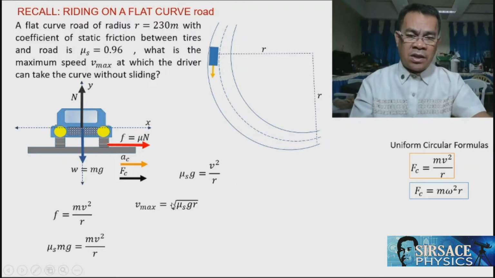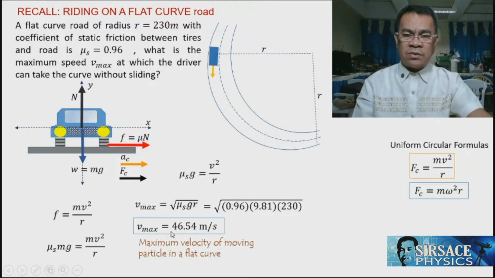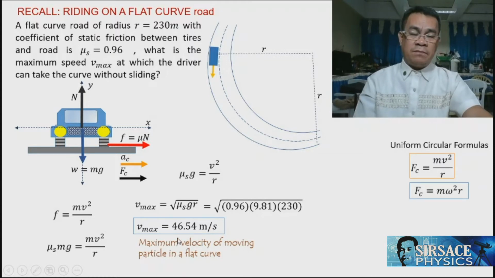So we calculated this in our previous video, and substituting the values, we found out that the maximum velocity the driver can have, its velocity magnitude, is only 46.54 meters per second, which means that if you travel above this value, then you cannot make the turn.